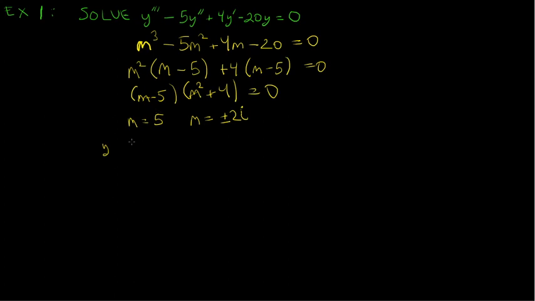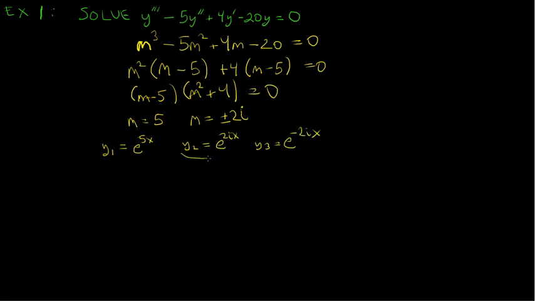Remember, this is going to be e to the 5x. So the first linearly independent solution will be e to the 5x. And then the second one, well, you can do e to the 2ix. And then the third one would be e to the negative 2ix.